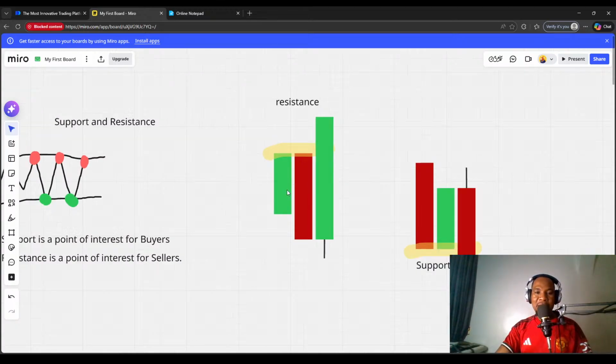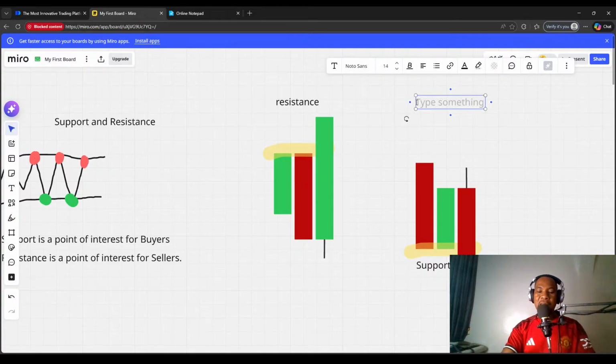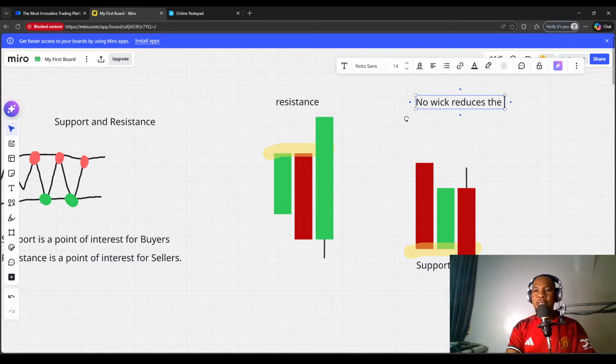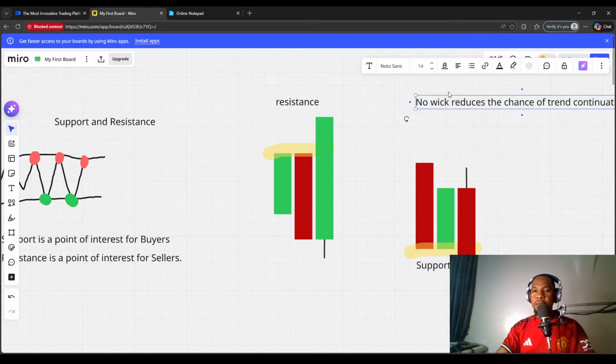It means that there's a 50-50 chance. Let me just write this down. No wick reduces the chance of trend continuation.